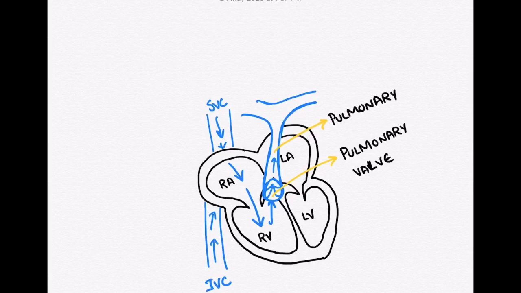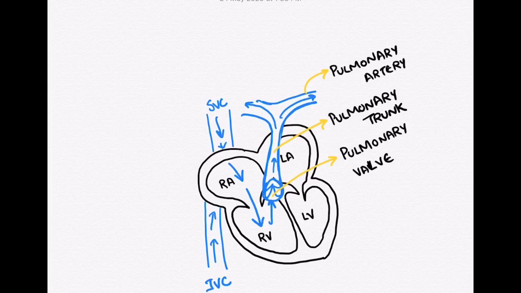So this is the pulmonary trunk, and through the pulmonary trunk to 2 arteries, that is the pulmonary arteries, and these arteries are carrying the blood to the lungs for oxygenation.